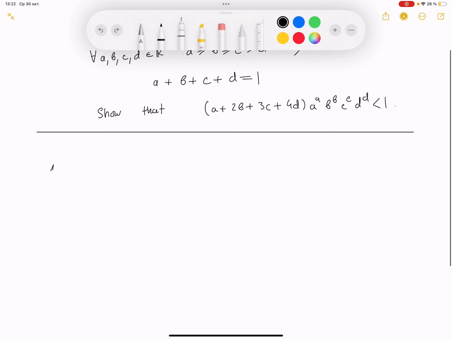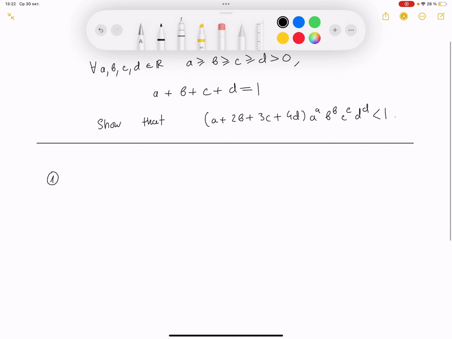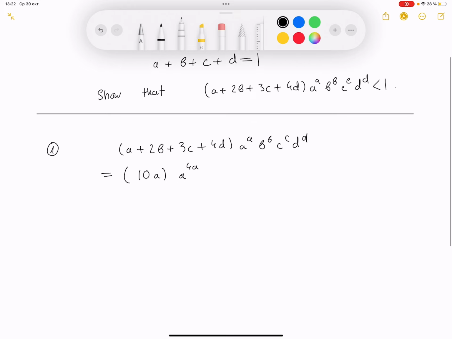So in the first case where they're all equal, we'll have (a plus 2b plus 3c plus 4d) times a^a, b^b, c^c, d^d, which is equal to 10a times a^a, right? Because here it's a to the a to the a to the a. When we multiply it, we just add up.